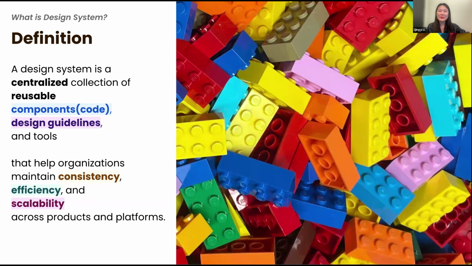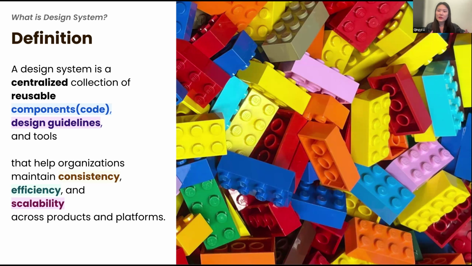One really popular way to talk about this is, oh, a design system is just like Lego pieces. These can be used to build many different structures. You can build people, you can build trees, you can build houses, where you fit those Lego pieces together. And a design system provides those pre-made building blocks for both designers and developers.